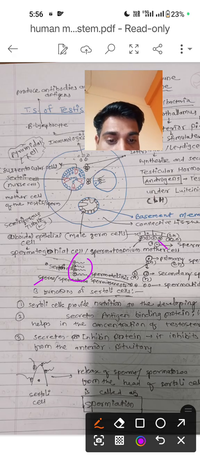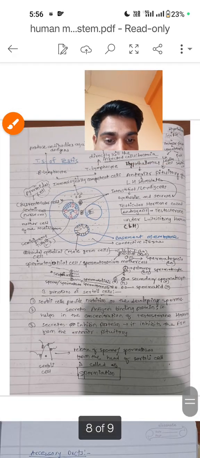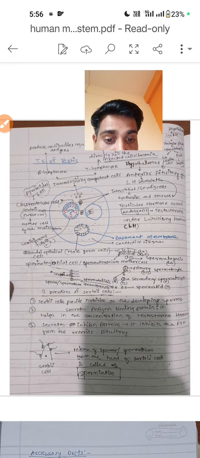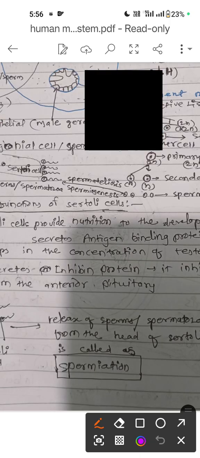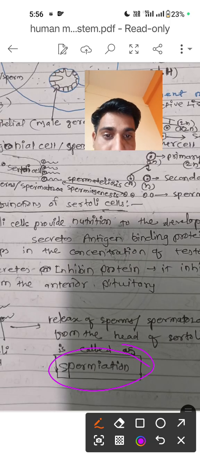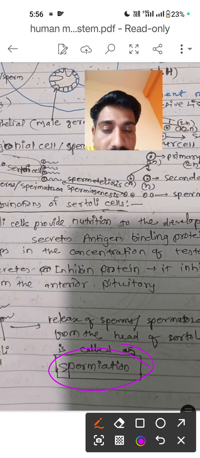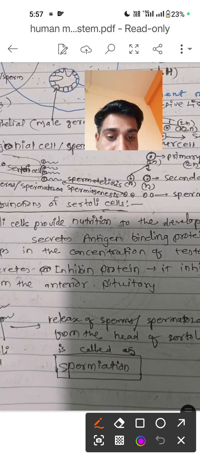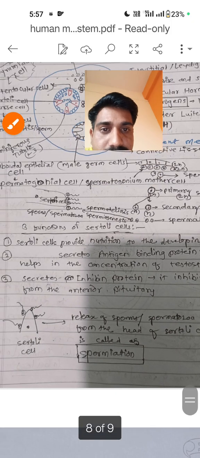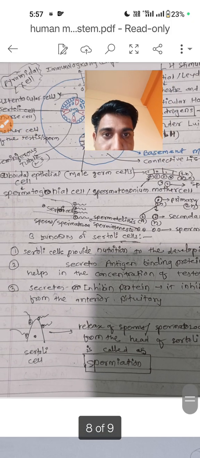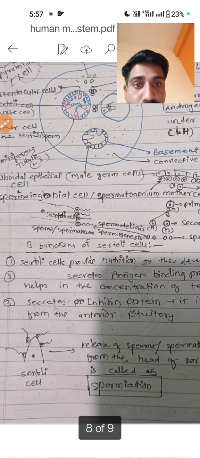Spermiation means release of sperm, or spermatozoa, from the head of the Sertoli cell. All spermatozoa are attached to the head of the Sertoli cell for taking nutrition, for their growth and development.